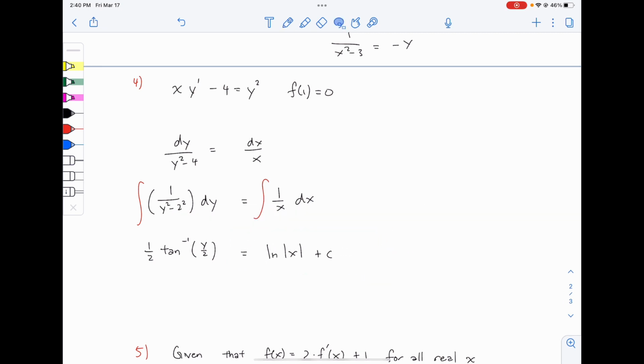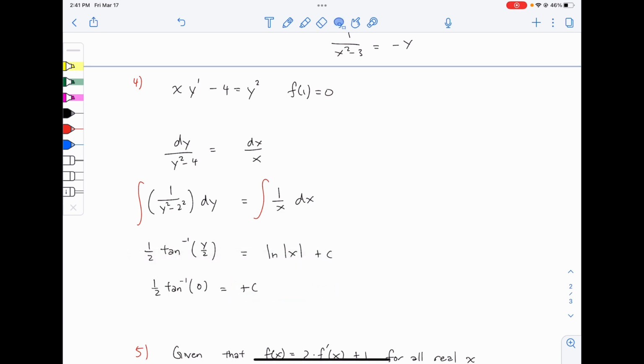Let's go ahead and use our givens. If I plug in 1, I get 0. So, let's see. 1 over 2 tangent inverse of 0, because 0 divided by 2 is 0, is equal to the ln absolute value of 1 plus c. Ln of 1 is 0 as well, so we can go ahead and just eliminate that.